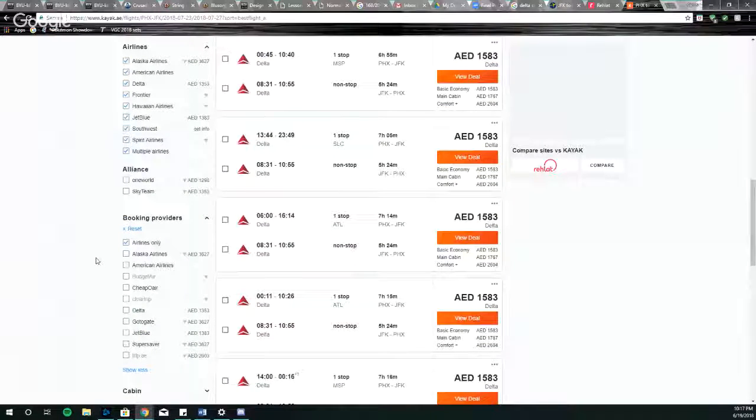So either way, we can find 5 sites that are all somewhat independent from each other. So we do 5 travel sites and 5 airlines, and we compare. We do each airline with each travel site.